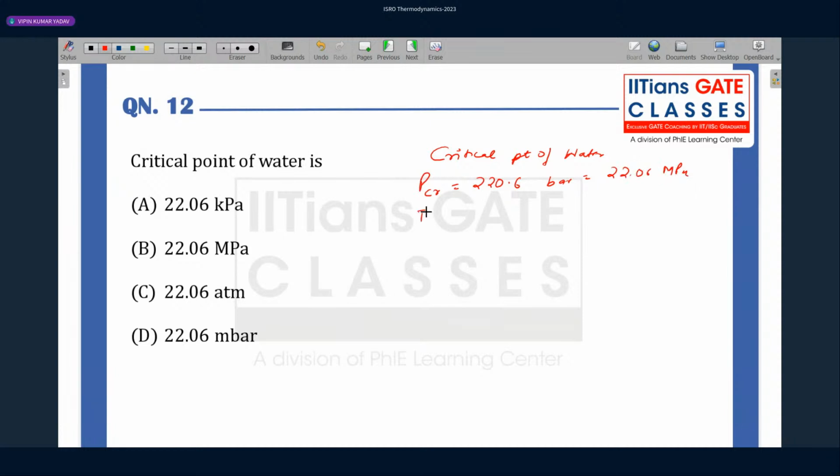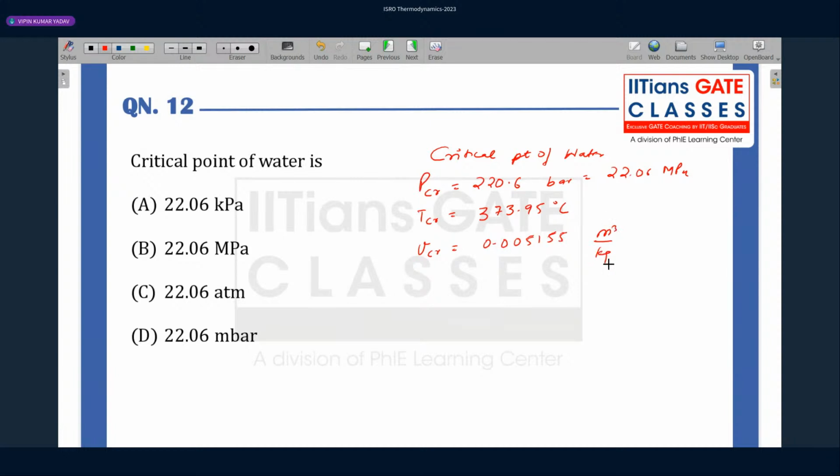What is the critical temperature? 373.95 degrees Celsius. And specific volume is 0.005155 meter cube per kg.